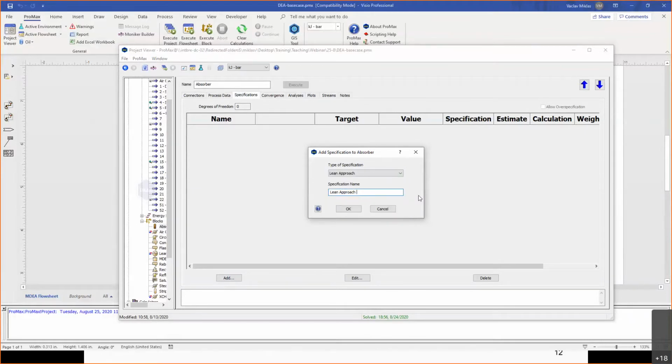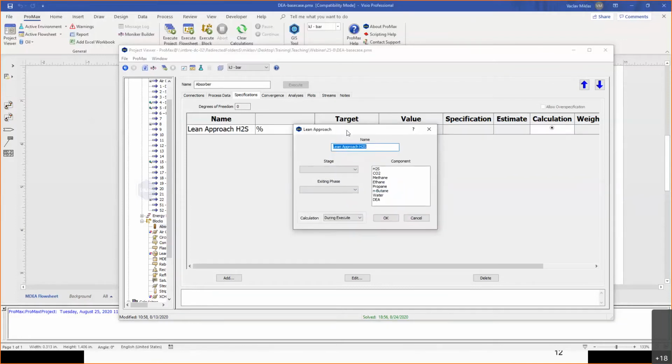We're going to start with H2S. As I said, it's separate for the two components, so let's first create lean approach of H2S. Once I click OK, I will see this dialog. I will need to pick the stage. Since lean approach refers to the top section, we need to pick stage number 1, which is at the top.